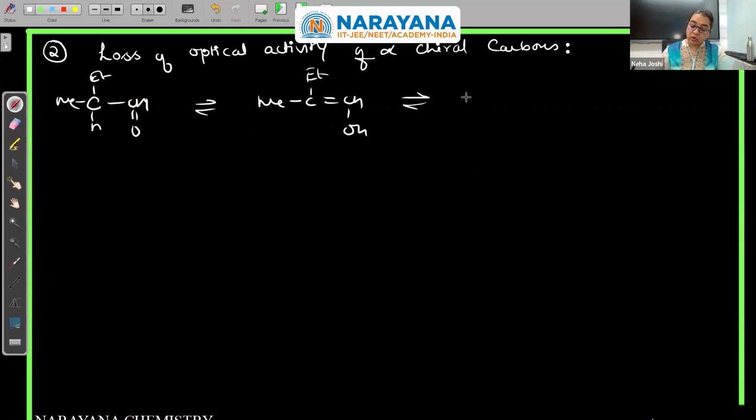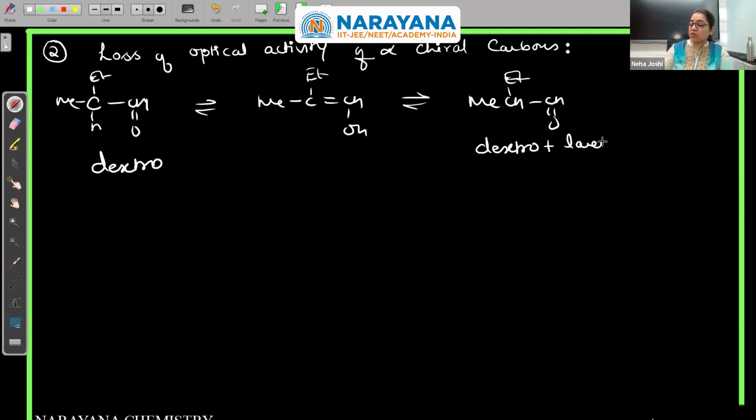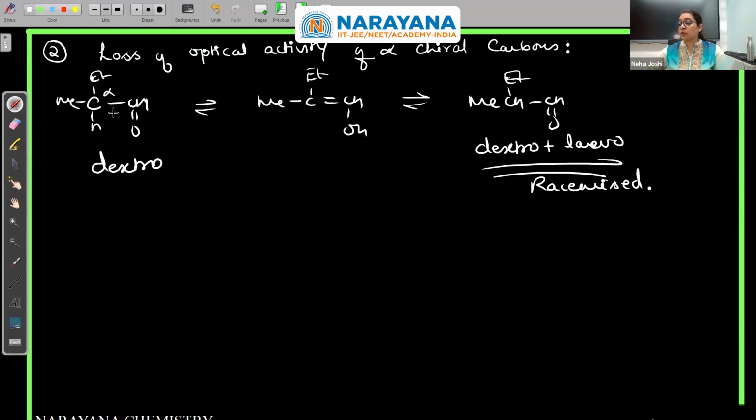It will again go to the same enol. So I may start with, assume, dextro, but I will end at dextro plus levo, racemized. That center is now racemized, provided it is alpha to the carbonyl. Okay, if it is not alpha to the carbonyl, then it will not be racemized. That is a point you need to remember.